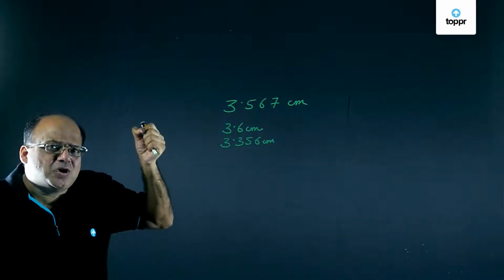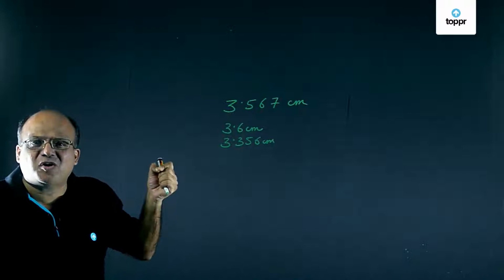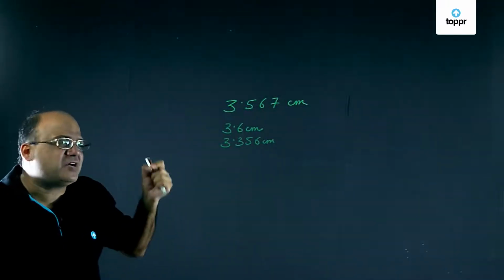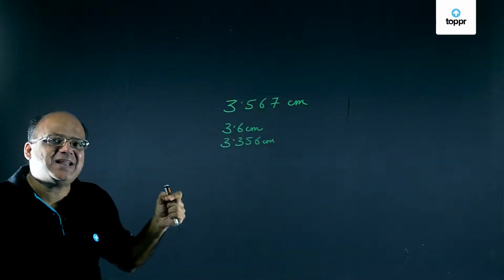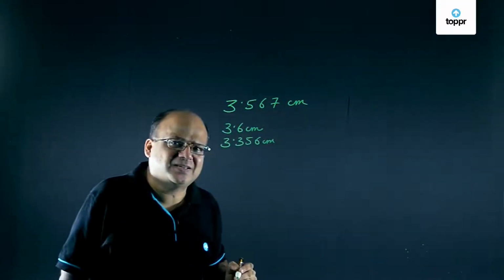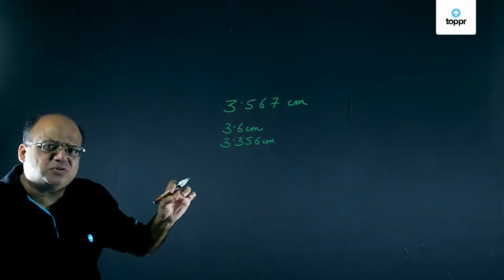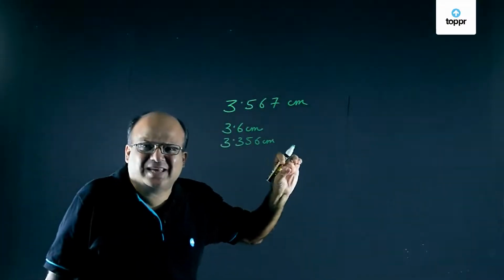Now, to measure the length of an object, we have got an equipment called vernier calipers. Vernier calipers has got a main scale and a vernier scale. Now, how to find the least count of this vernier scale?